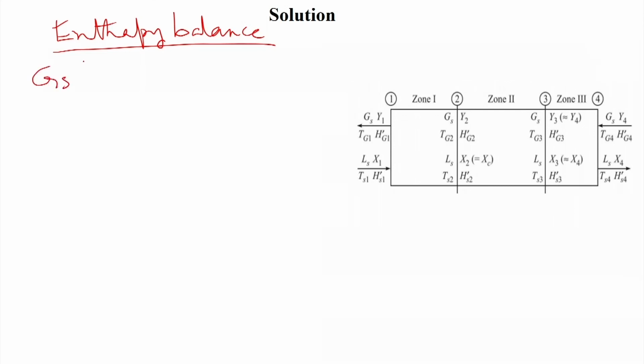Gs into Hg3 prime minus Hg2 prime is equal to Ss into Hs3 prime minus Hs2 prime.